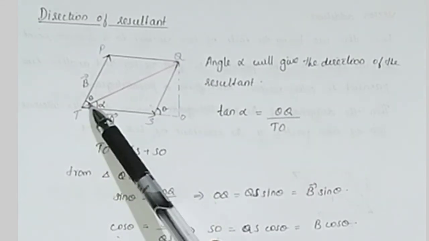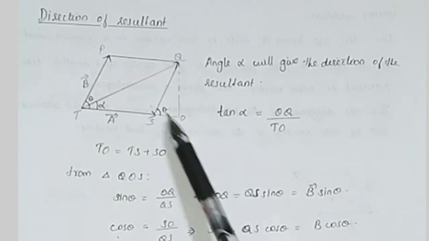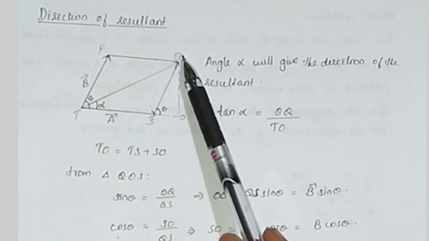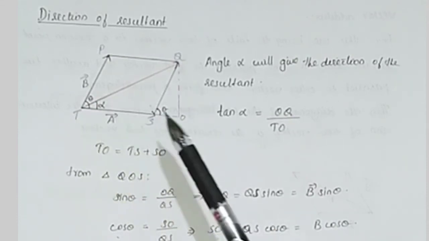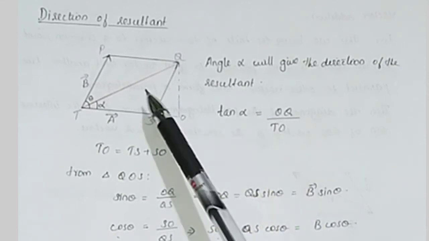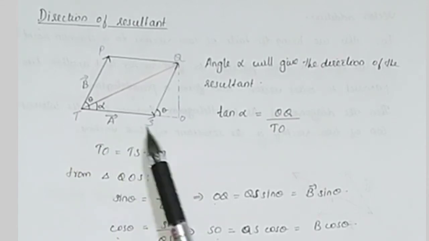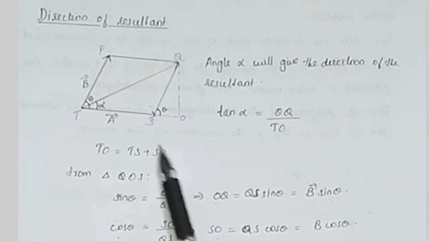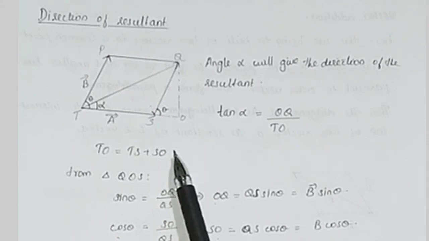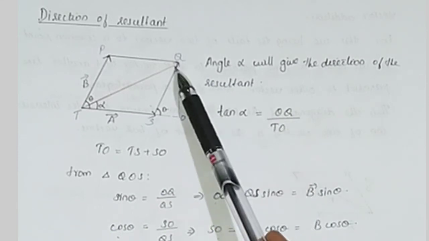We know that, taking the bigger right angle triangle, that is QOT, we can write tan alpha is equal to OQ divided by TO. OQ by TO is the tan alpha from this triangle, and we previously said TO is TS plus SO, and we can put that value. For that we have to know SO here, and OQ is also unknown.